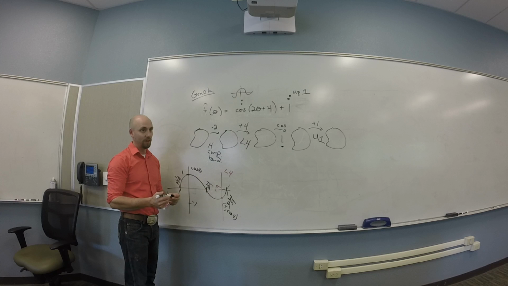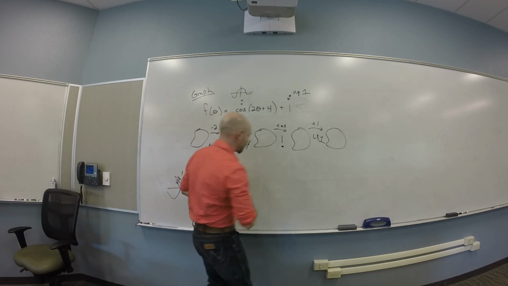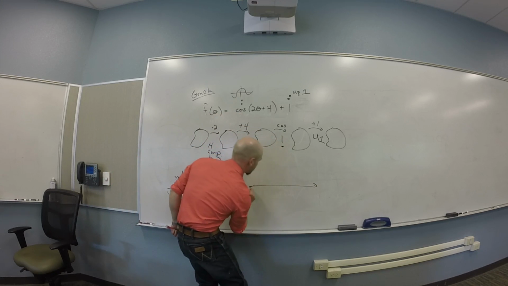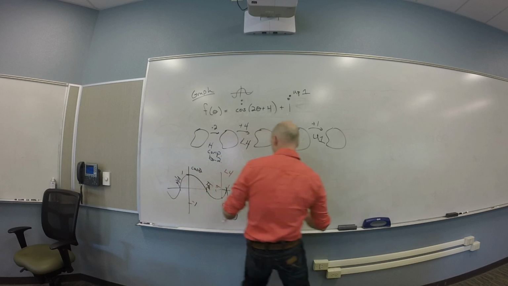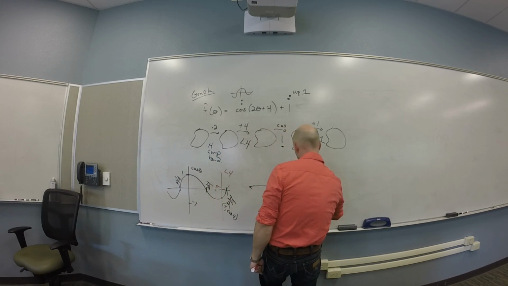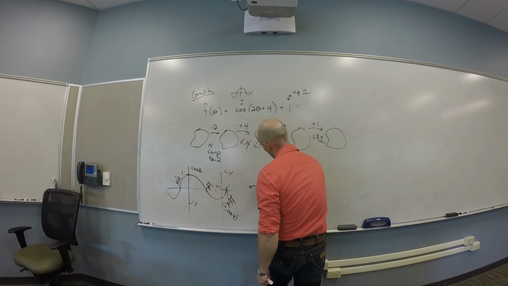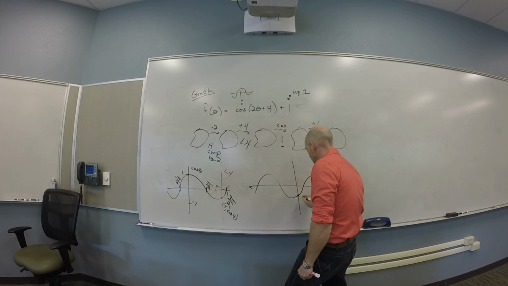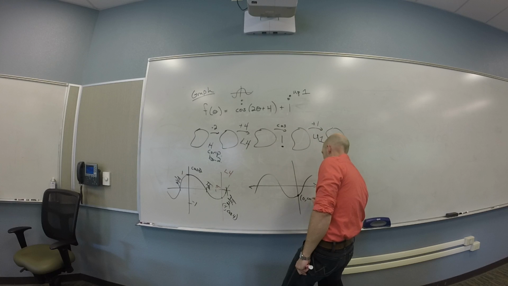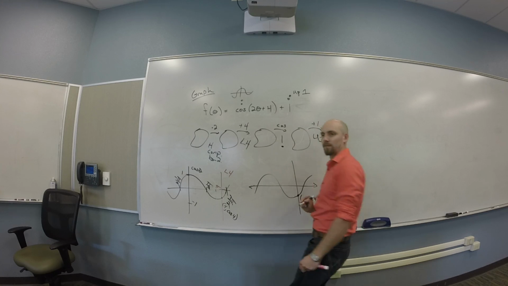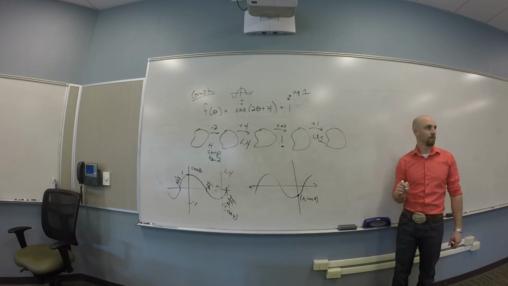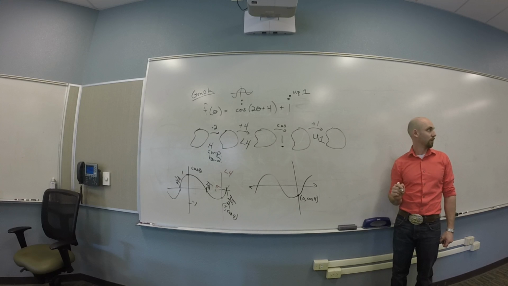On my new picture, after I've shifted things left by 4 units and I have this bell going like so, this dot here is now going to be 0, comma, cosine of 4. You guys all see that?